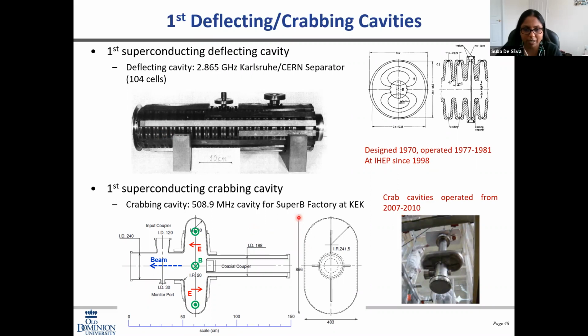And you can see the dimension. This cavity is half a gigahertz, or 500 megahertz, and the width itself is half a meter and almost a meter tall. So you can see the cavity size compared to a person, how big this cavity is. It operated successfully between 2007 and 2010, but it's no longer in operation.